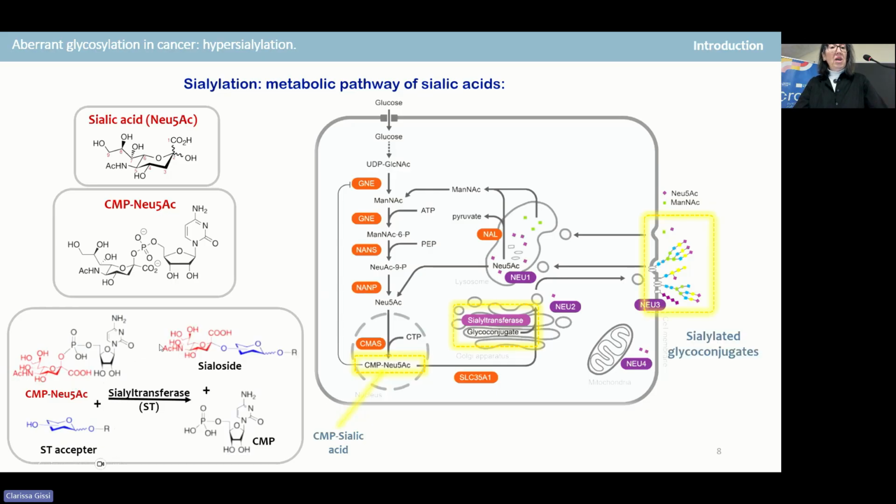In this way, we have these sialosides or sialylated glycoconjugates that are found in the extracellular membrane or are secreted proteins. And we have the sialic acid, this purple diamond, at the end of the glycans.